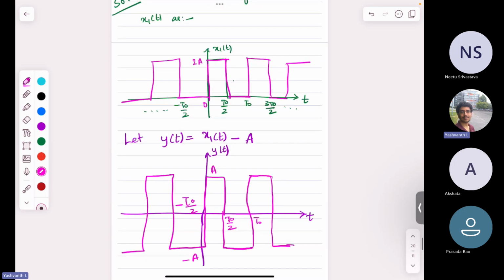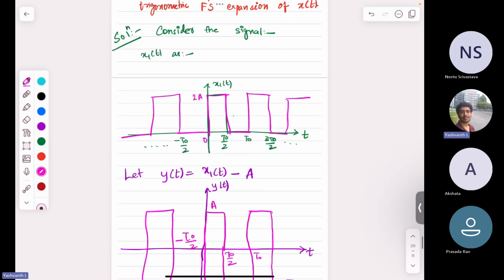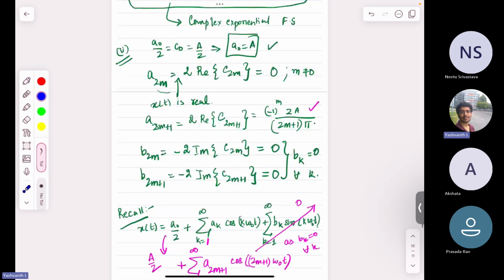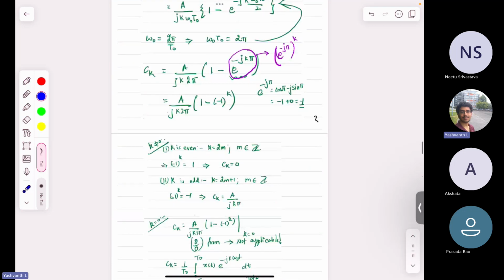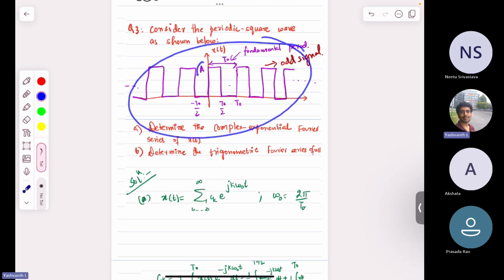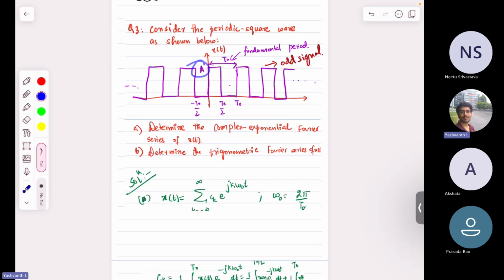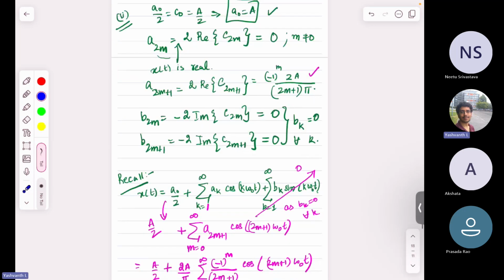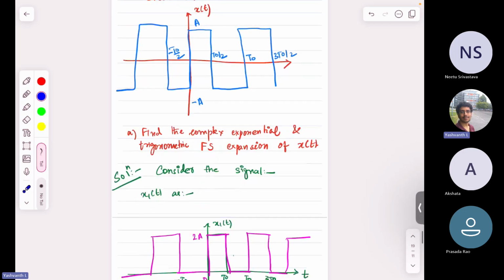Why did I go by this approach? The reason is, x1 of t is really the first question's signal. Go back to this question. It is exactly this signal, except that a is equal to 2a. This is exactly your x1 of t, and I know the Fourier series expansion of x1 of t.